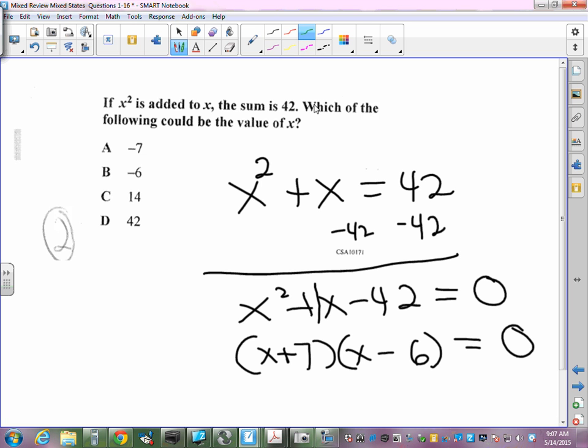And then remember the zero product property. If x plus 7 equals 0, then x has got to be equal to negative 7, to make that equal to 0. Or x has got to be equal to positive 6. So we know quadratic equations give us 2 answers, and they're only giving us 1 here. So which of those is one of our answers? Right, so A would be your answer.